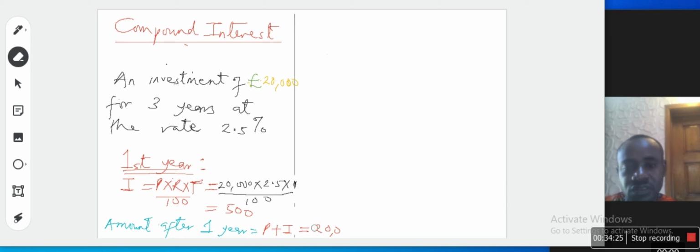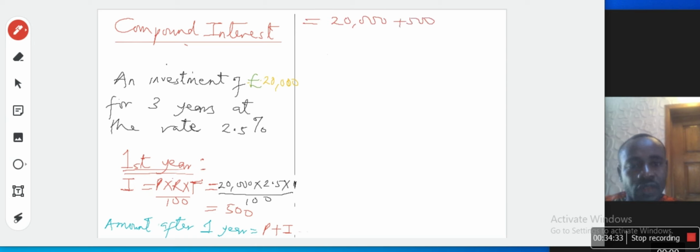I think it's better to write it over there. So this will be equal to 20,000 plus 500, and you said it is 20,500. After 1 year, this is what you should be given by the investment company.